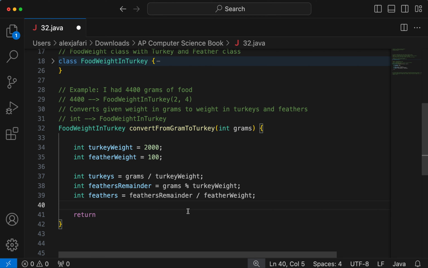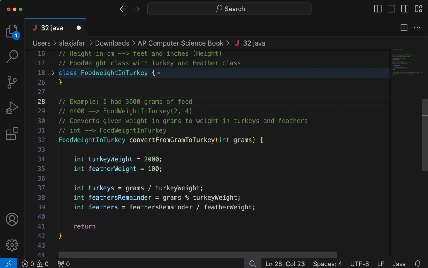Let's walk through this one last time. Let's do a different example. Let's do 3,600. So the turkey weight is going to be 2,000 and the feather weight is going to be 100. Our grams is going to be 3,600.